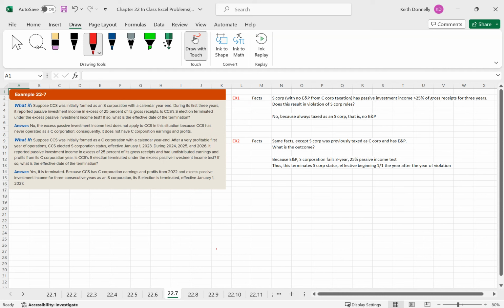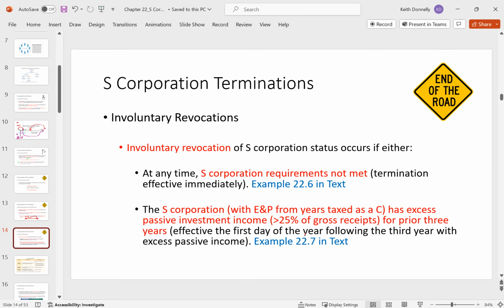This one just says, hey, we have an S Corp. Looks like they have passive investment income exceeding 25% of gross receipts for the 3 years. This one just says, hey, we're always taxed as an S Corp, so there is no E&P. If we go back, the idea here is it only applies to S Corps with E&P.